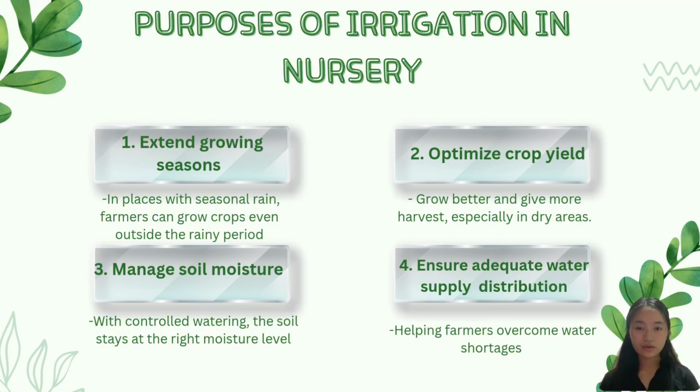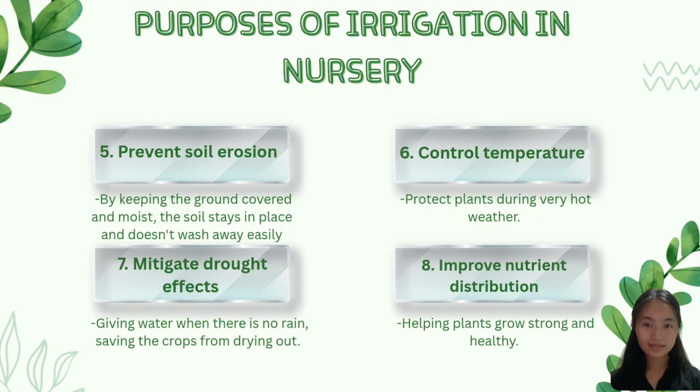And fourth, irrigation systems ensure a steady water supply even during dry times, helping farmers overcome water shortage. Next, they also help prevent soil erosion. By keeping the ground covered and moist, the soil stays in place and doesn't wash away easily, especially on slopes. And sixth, irrigation also helps to cool down the temperature in the field, which can protect plants during very hot weather.